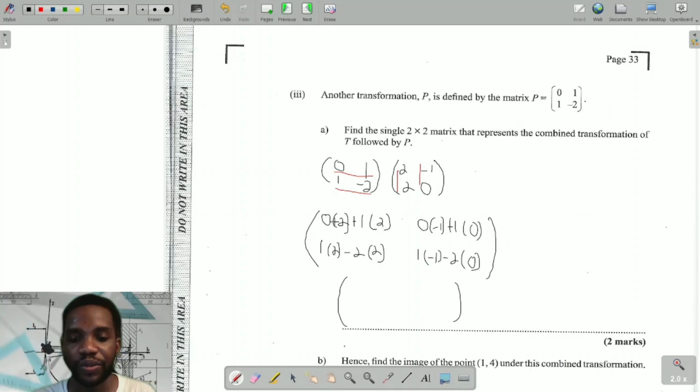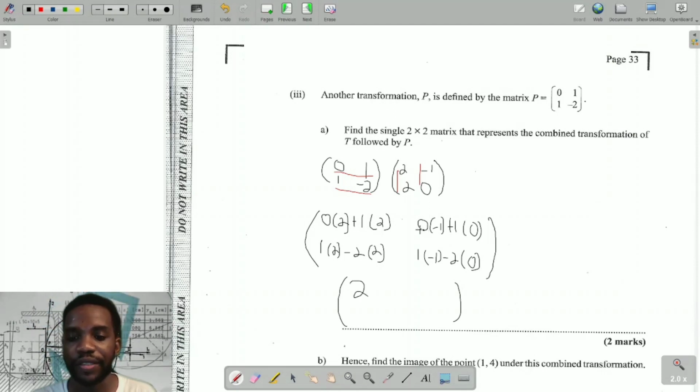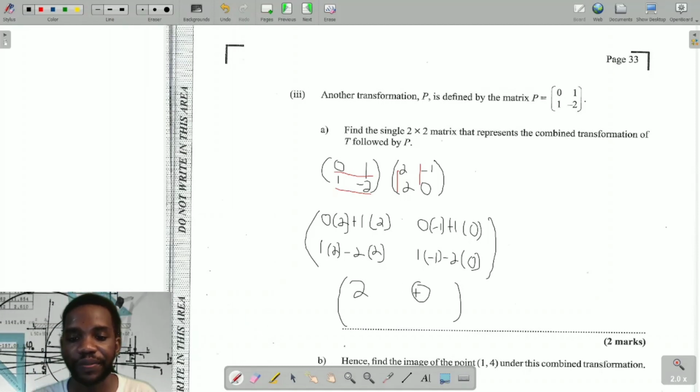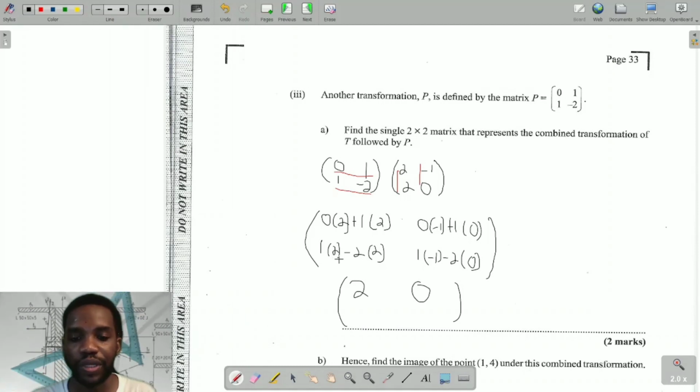0 times 2 is 0, plus 1 times 2 is 2. 0 times negative 1 is 0, plus 1 times 0 is 0. Of course, 0 plus 0 is 0. 1 times 2 is 2, and minus 2 times 2 is 4, so 2 minus 4 is negative 2.